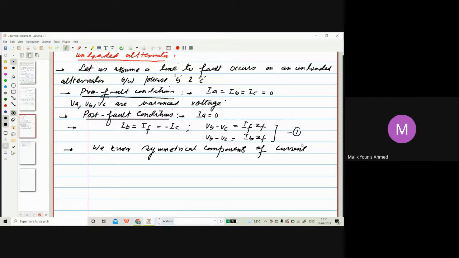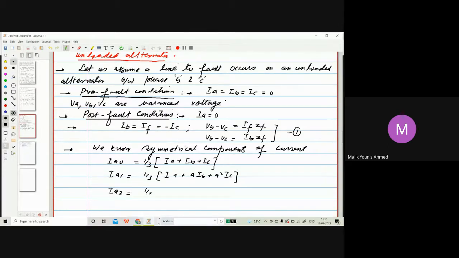IA0 is equivalent to 1 by 3 (IA plus IB plus IC). This everybody knows. IA1 is 1 by 3 (IA plus A IB plus A square IC). This we have derived. You have to memorize these.